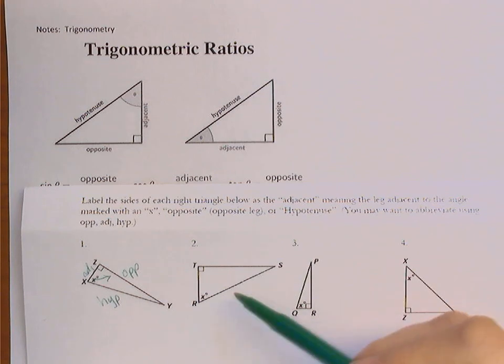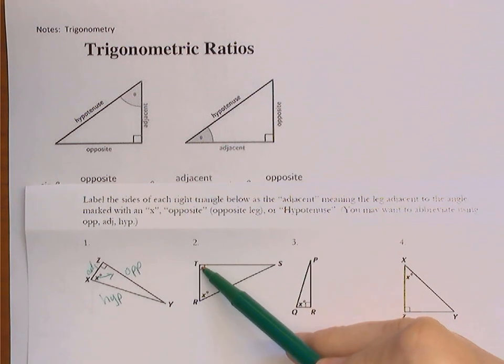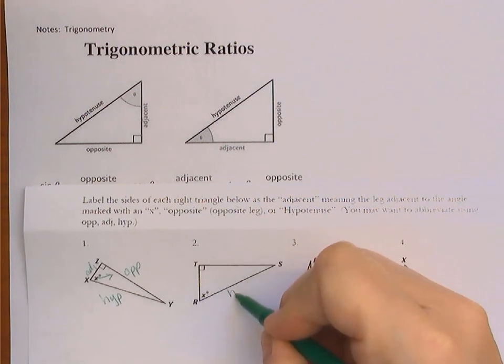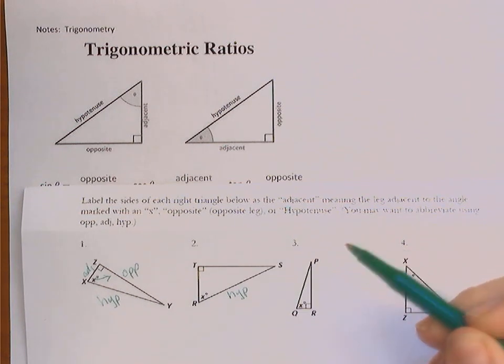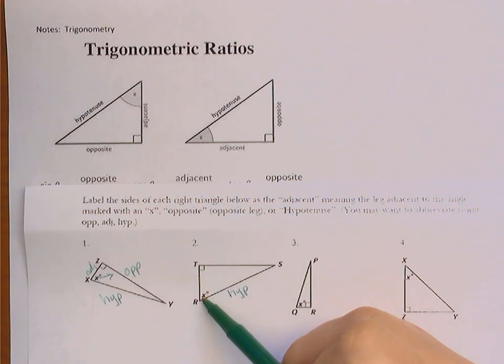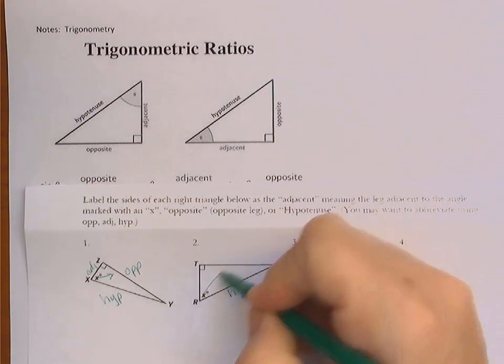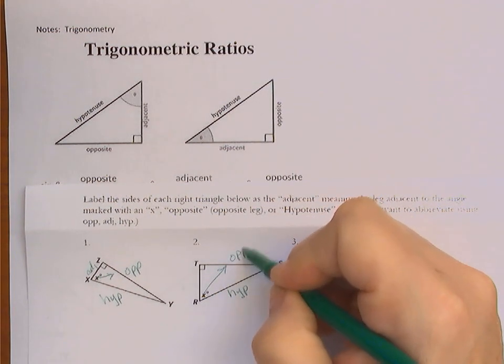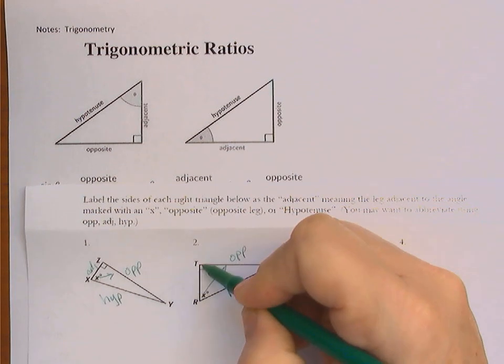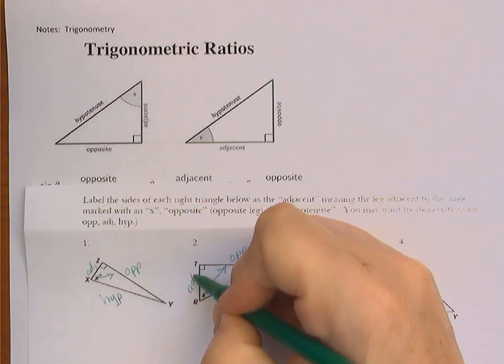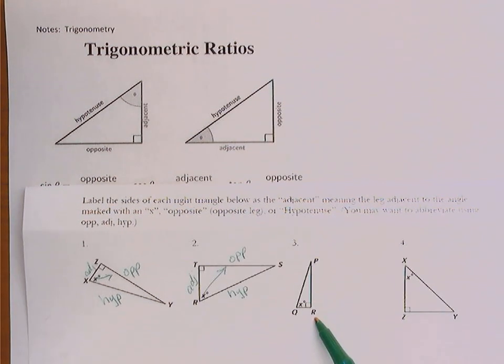Okay? So looking here, the side opposite the right angle is the hypotenuse. Then here's the angle right here, the side opposite this angle is the opposite side, and the one touching the angle and the right angle is the adjacent side. Okay, you do this one.